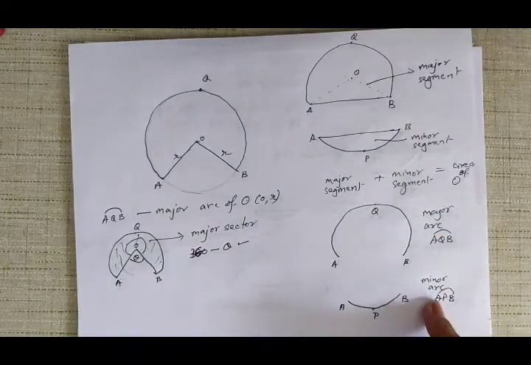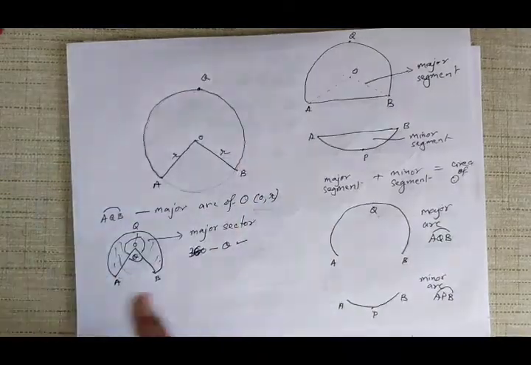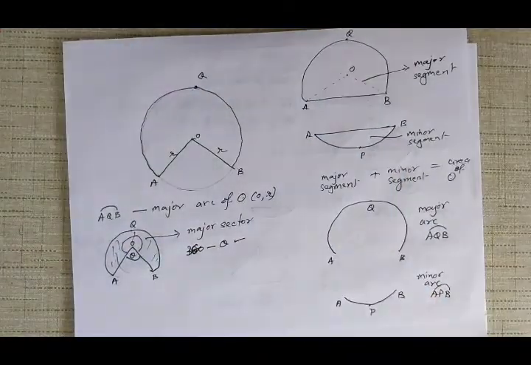So major arc, minor arc, and then the entire circumference. If you join them together, you will get the circumference of the circle.